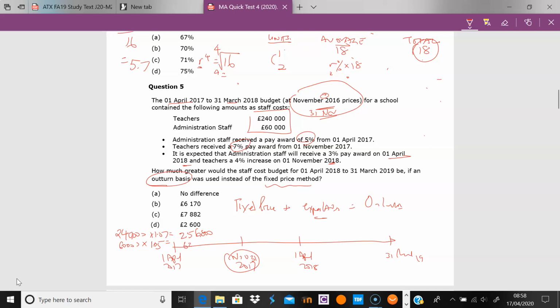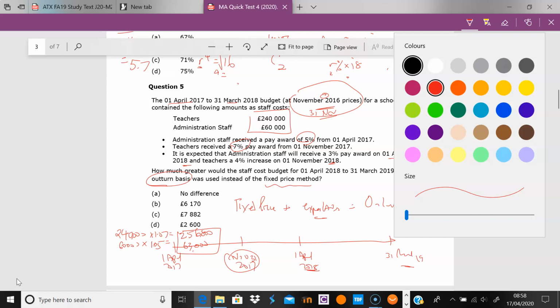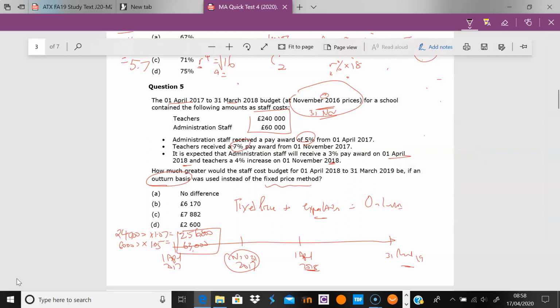So this becomes my new fixed budget going into 2018 and 2019. Just changing my pen color. What I'm now saying is, actually, I also know that from the 1st of April, I will give a 3% pay rise to my admin staff.